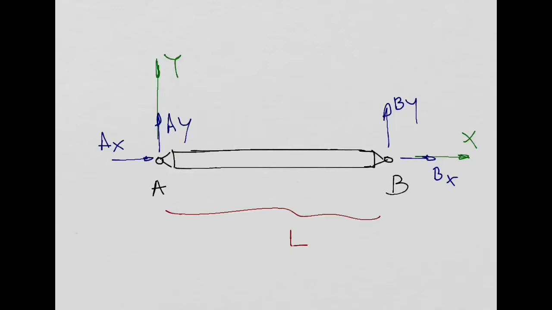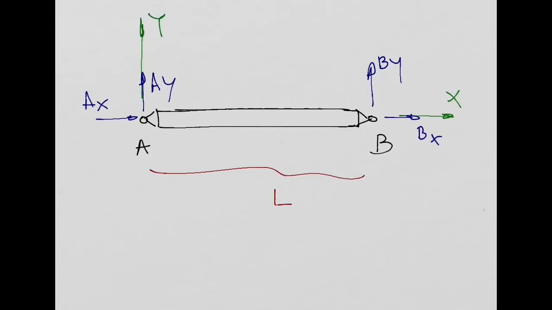And what I'm going to do now is write the equilibrium equation for the moments. So I'm going to calculate the moments produced by these reactions about point A. In a two-dimensional problem, I will only have a component in Z direction for the moment.